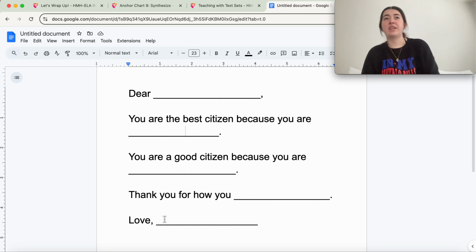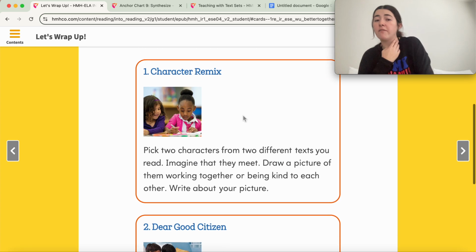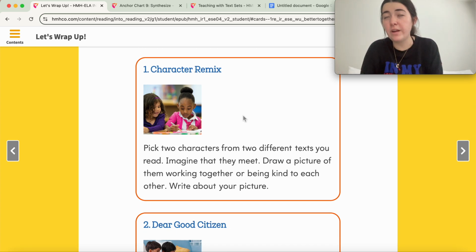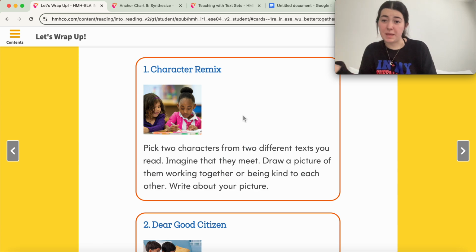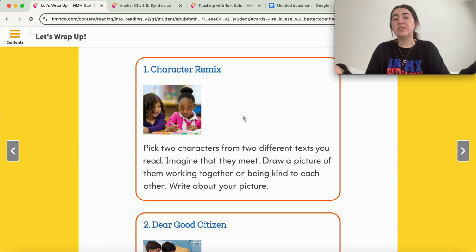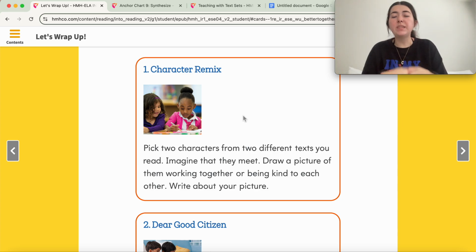But that's kind of your second choice. And both of these activities you have some creative freedom with. There's the character remix paper you can use, and there's also the template for the Dear Good Citizen letter writing project.